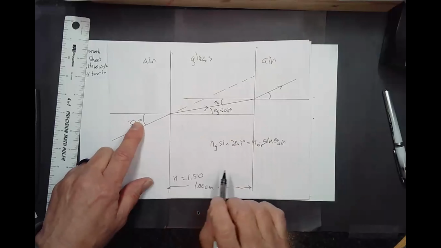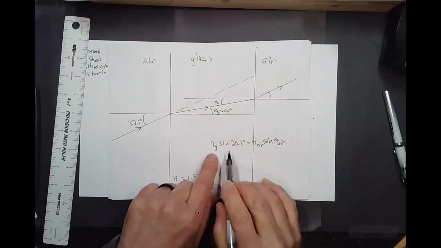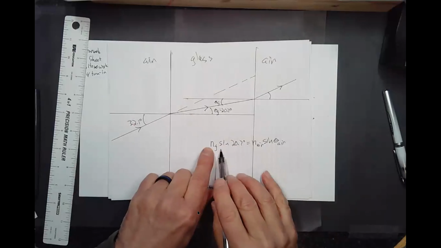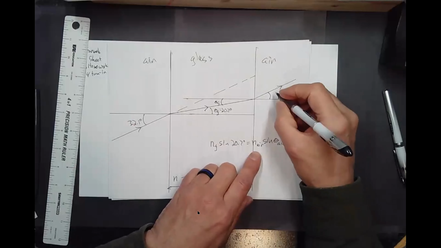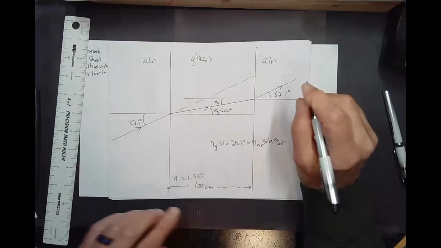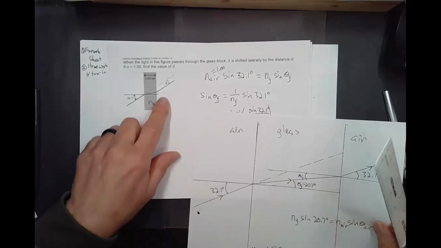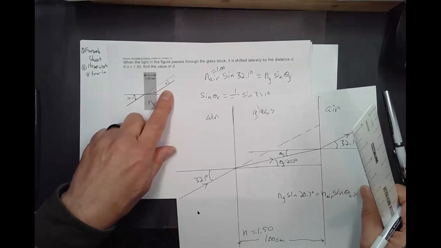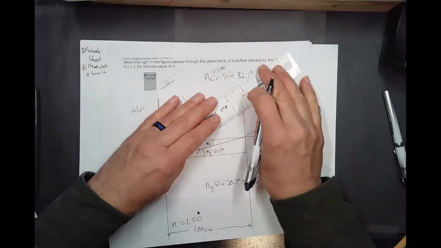Over here, I was solving for the angle in the glass. Here, I've got the angle for the glass, and I'll just have the same angle in the air. So this will be 32.1 degrees again.